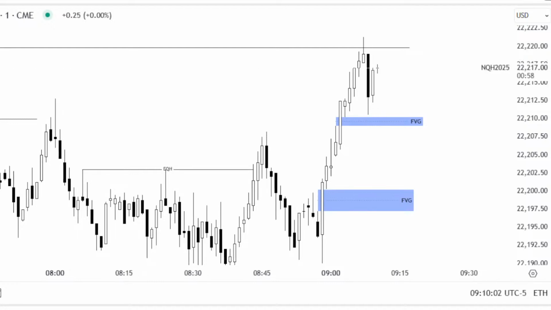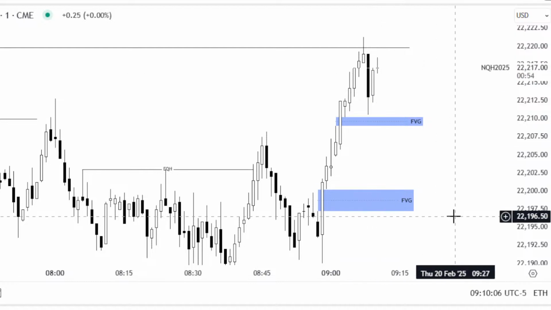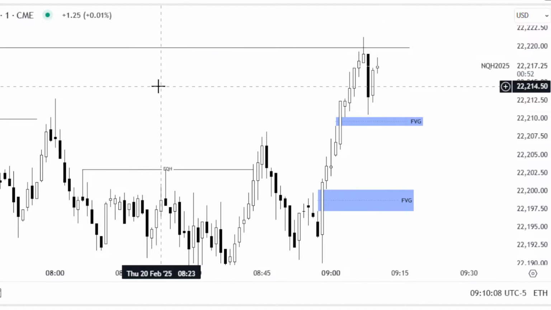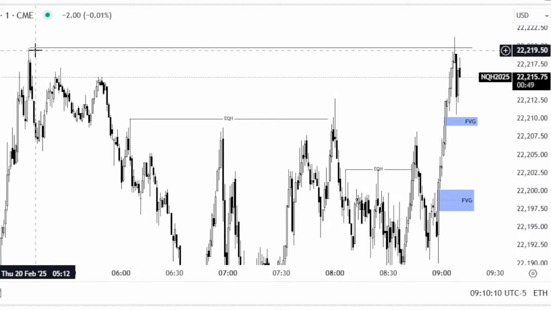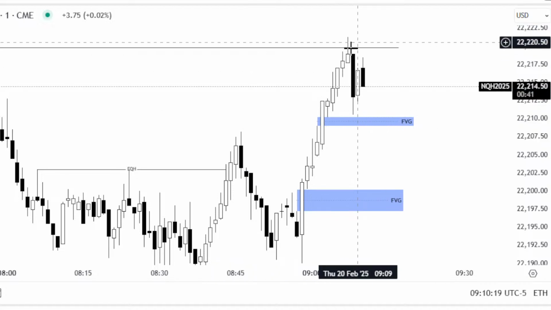Okay, let's see what it does now. Little gap up here. Nothing big. Alright, so we've taken this high out. Swing high, swing low.